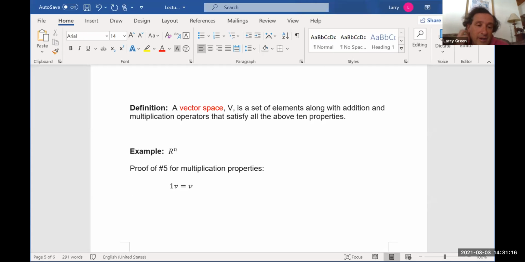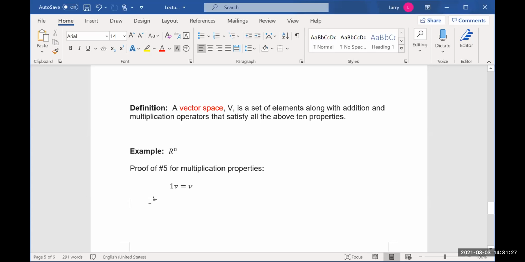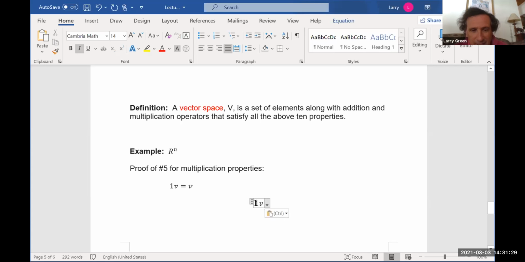Okay, so what does a v in Rn look like? A vector with n components. Yeah, so instead of v now, let's write down what a vector is.